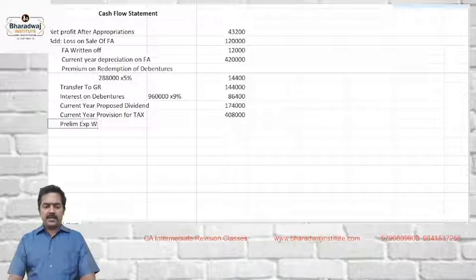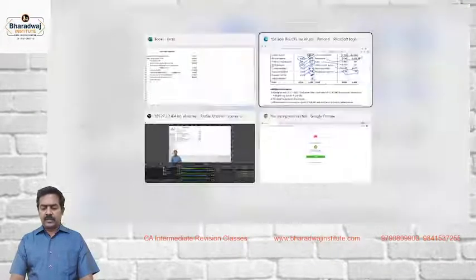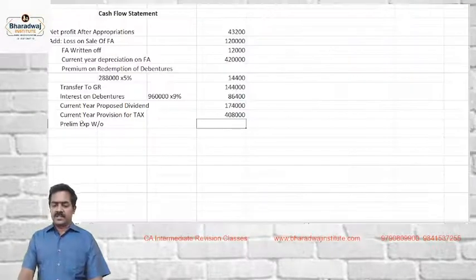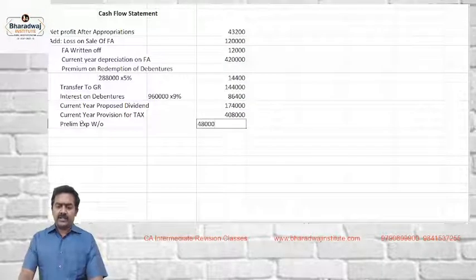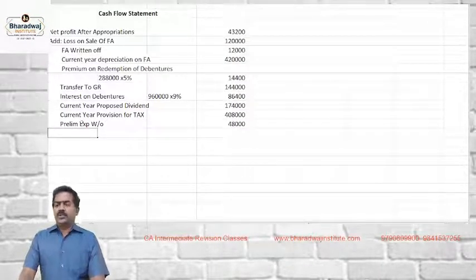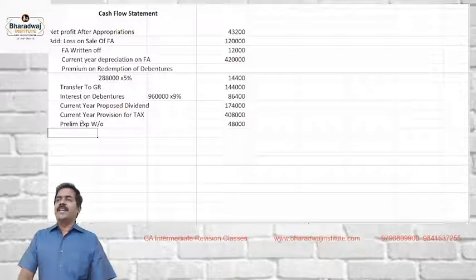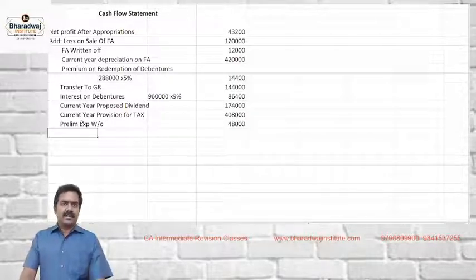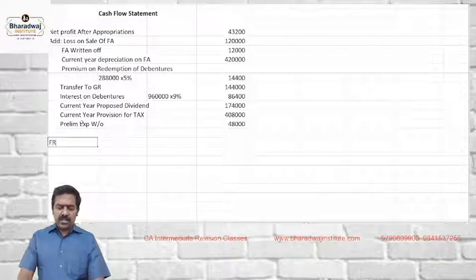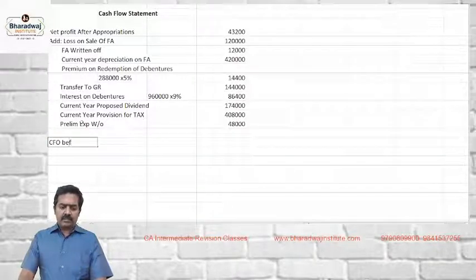What is the difference between opening and closing balance? 48,000. Any other non-operating incomes like interest received, dividend received, profit on sale of assets? No other thing. This will give us CFO before working capital changes.